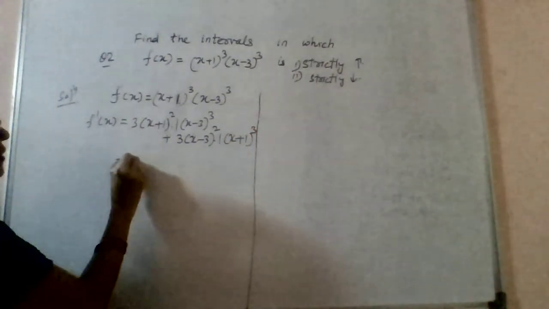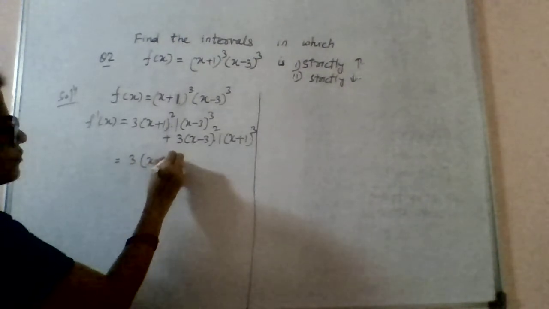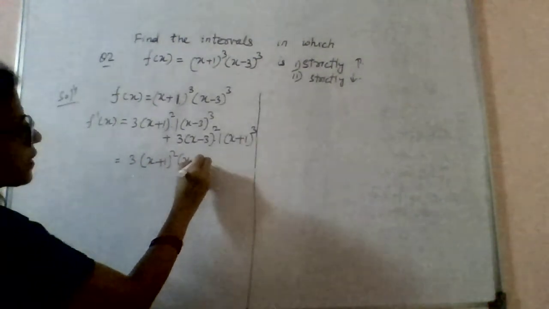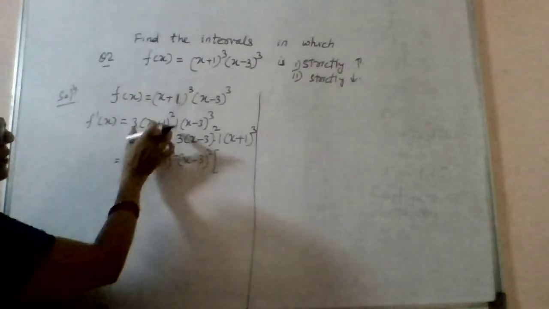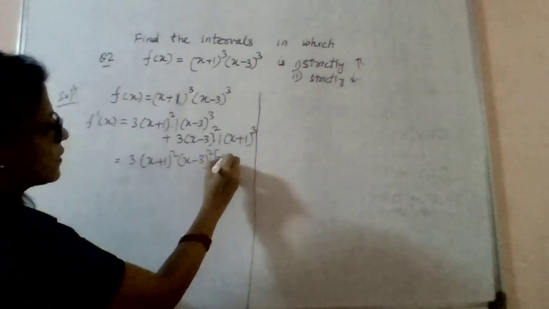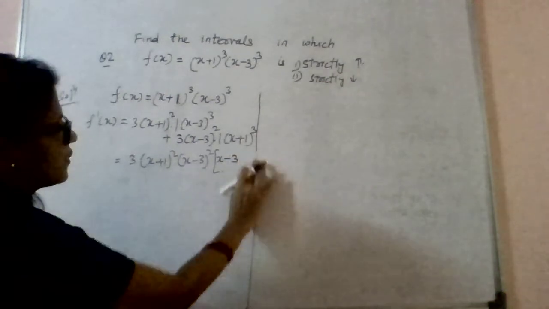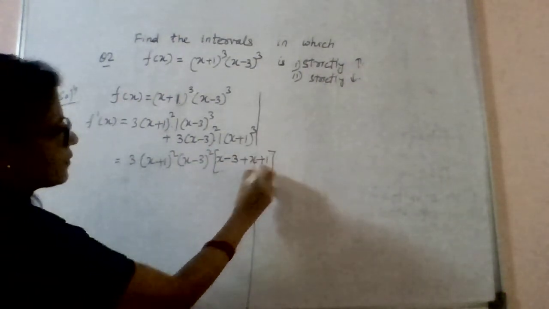So taking 3 into x plus 1 whole square into x minus 3 whole square common, you are getting x minus 3 here plus x plus 1 here.